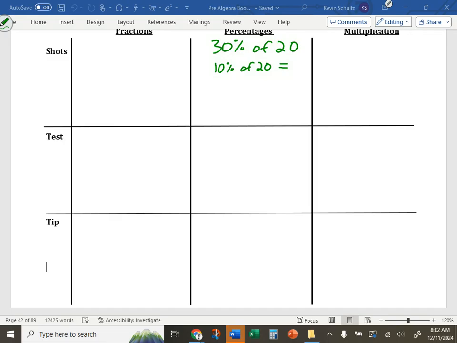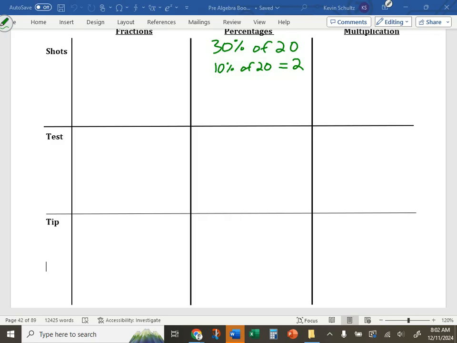Because when you think about it in terms of 10%, you're basically asking yourself, what goes into 20 10 times? 2. 10% of something is what goes into it 10 times. And 20 divided by 10 equals 2.